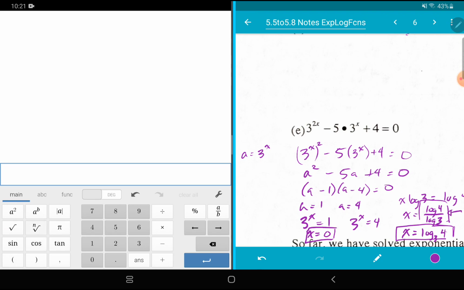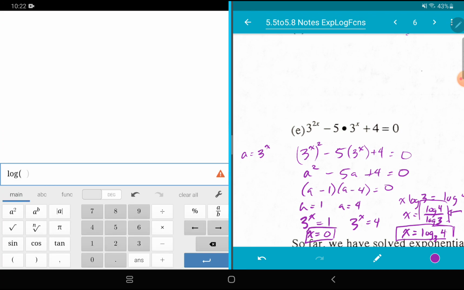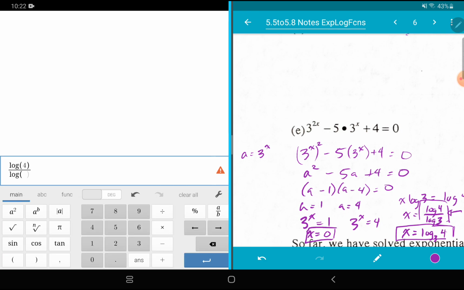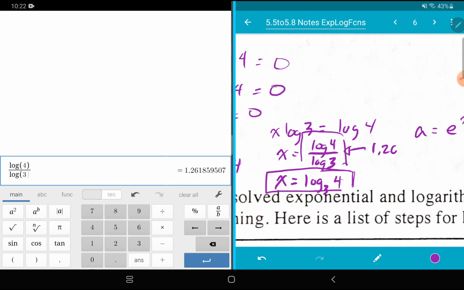So we have log 4 divided by log 3. And that'll give us an equivalent value of 1.26 then. 1.262 to be more exact.